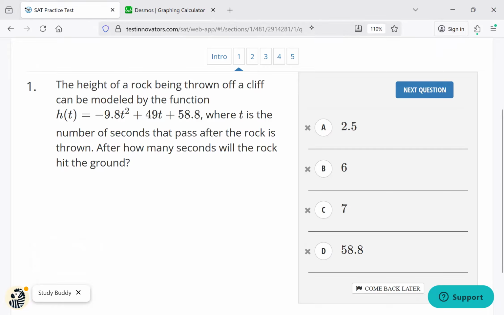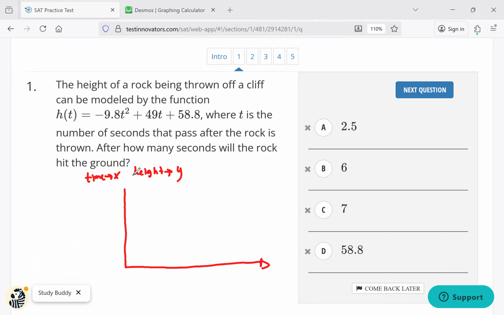Okay, if you want to graph it, our time is our x, and then our height is our y, right? We're going to graph it like this.